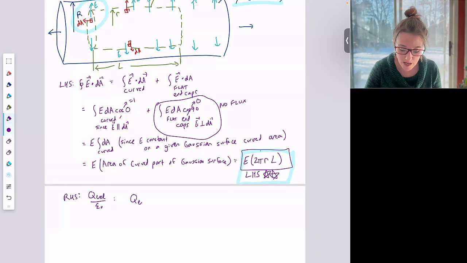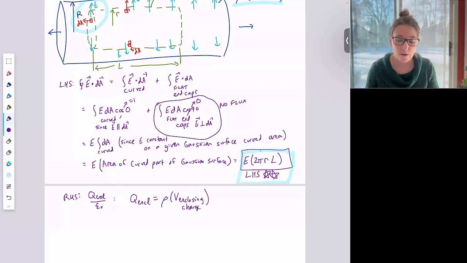So I can still say that Q enclosed is going to be equal to rho times the volume enclosing a charge. This is now equal to my Q total over my volume total, which actually is given as rho in the problem, so I don't need to do that.